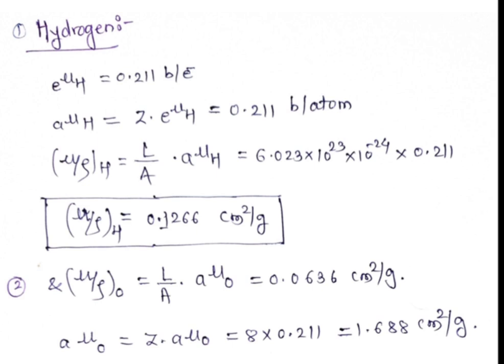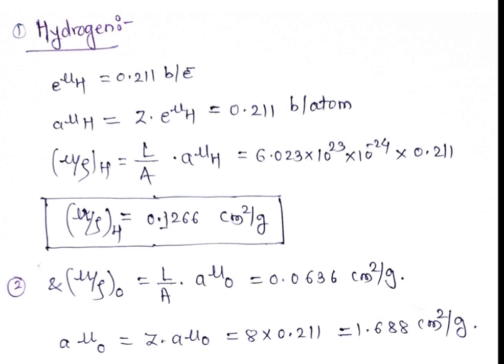For the hydrogen, the electron absorption coefficient Eμ_H is equal to 0.211 barns per electron.